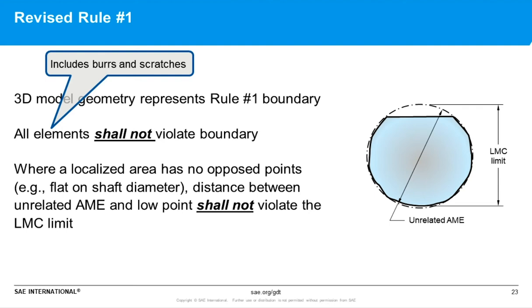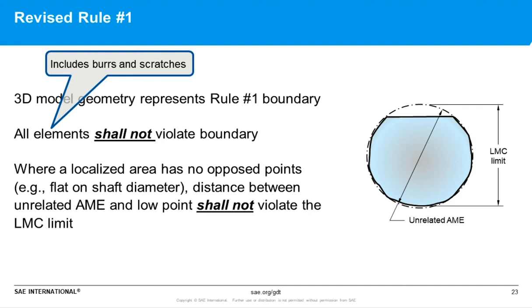Since there's a lot more 3D model based definition for our products, it's telling us that 3D model geometry represents the Rule 1 boundary. Okay? And again, it's reiterating that all elements shall not violate the boundary. In other words, must be within the tolerance zone, including burrs and scratches and surface texture, as Rule S told us.